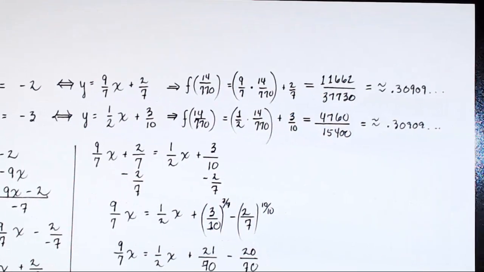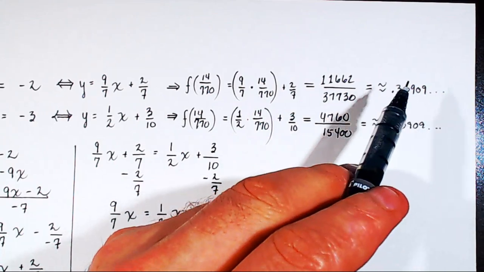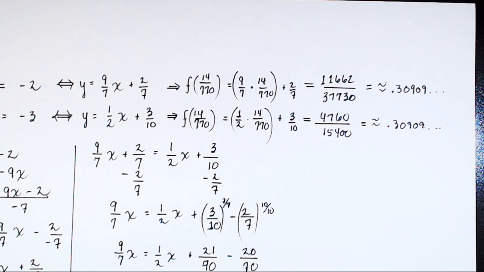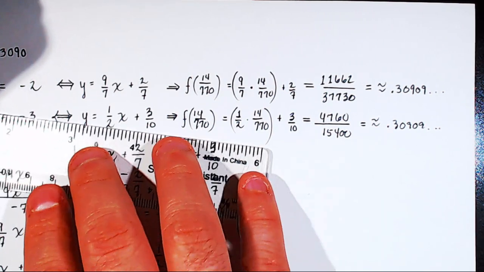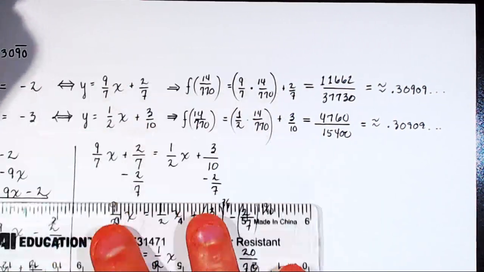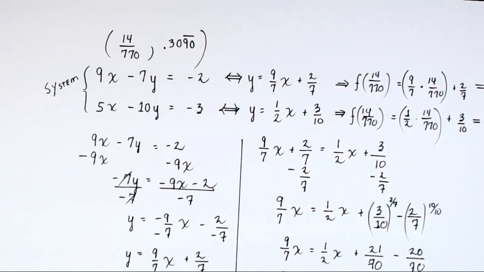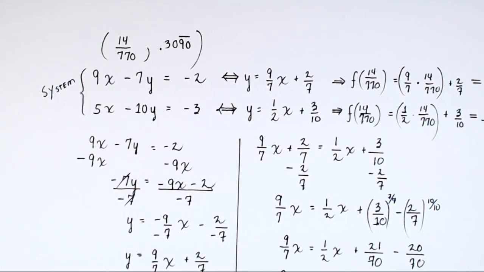And then for our y value, we got this irrational number, and I'll just put it in here as 0.30, and then it's 90 that repeats forever. Like that. So that's the solution to that system of linear equations.